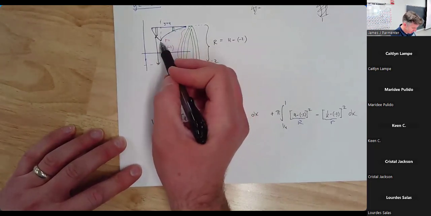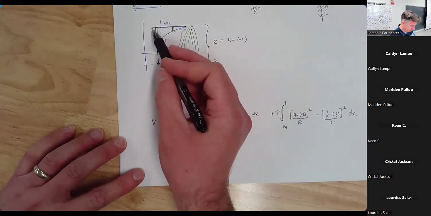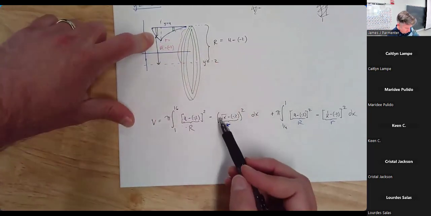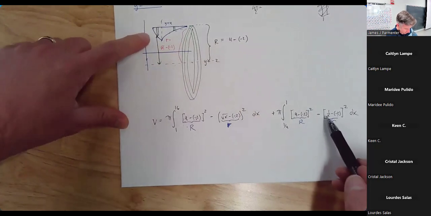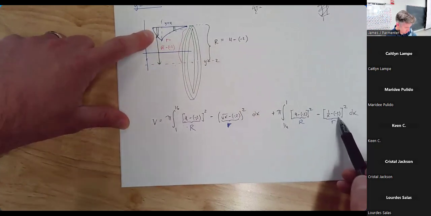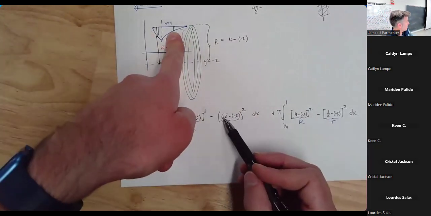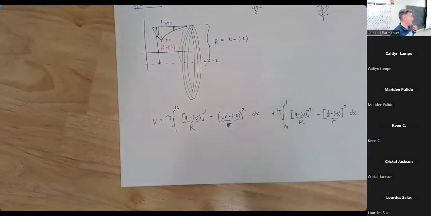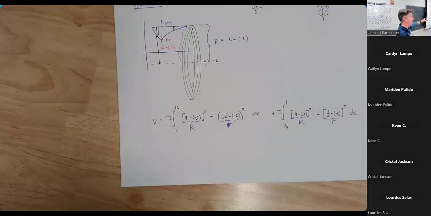So right here at 1, I have to change from the inner radius being the 1 over x minus minus 2 to over here being the square root of x minus minus 2, because you have a different lower bound of your strip. We'll see that not be the case when we do it around the y-axis in just a minute.